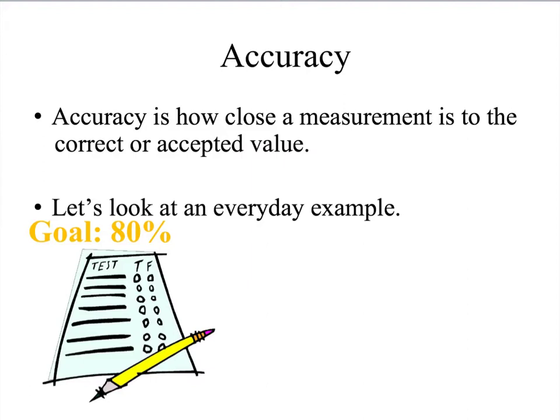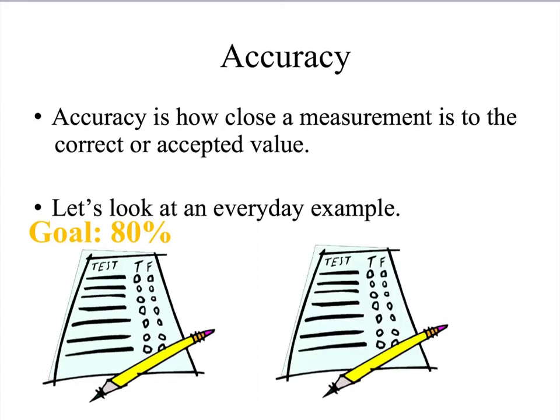If you're going to take a test, you might have a goal of getting 80% on that test. So that would be our accepted value in this case, because that's our goal, that's what we're aiming for, that's our target. If you take that test, and instead of getting 80%, maybe you get 79%, that's pretty good accuracy, because you're really close to our accepted value.